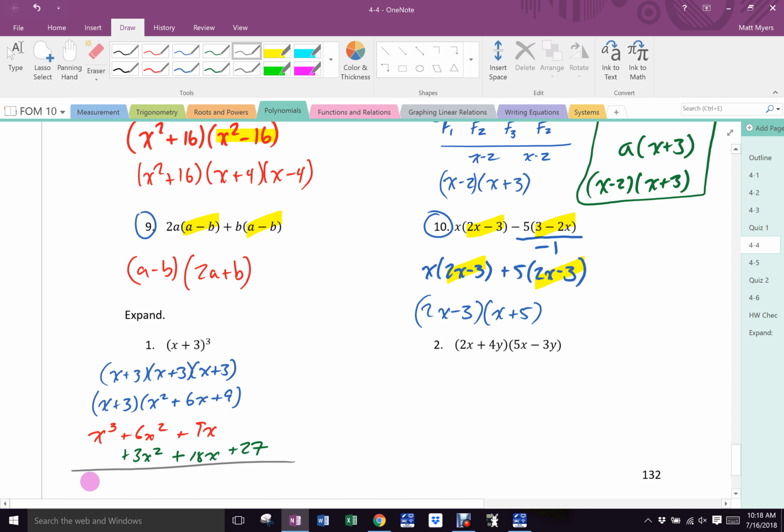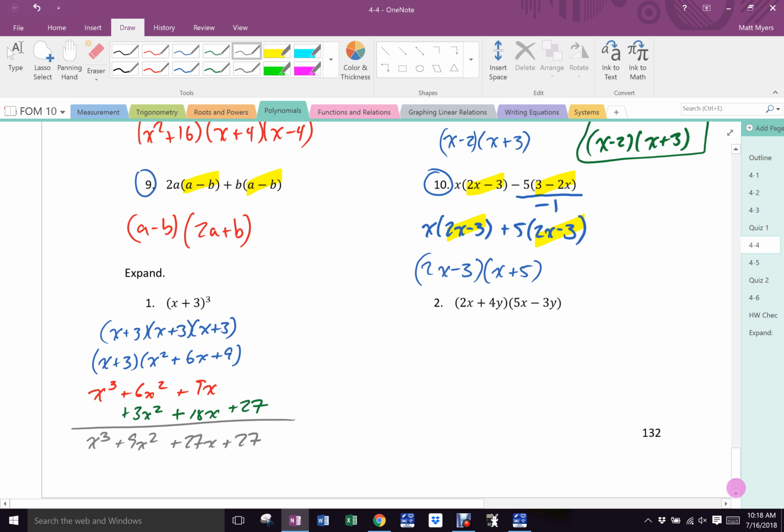Then I add it. X cubed plus 9x squared plus 27x plus 27. Now I noticed in all the quizzes while I was marking, there are not a lot of people that are stacking this up the way I stack it up.